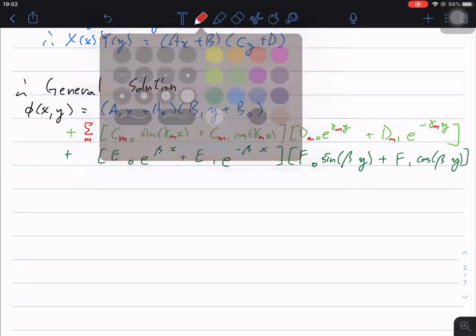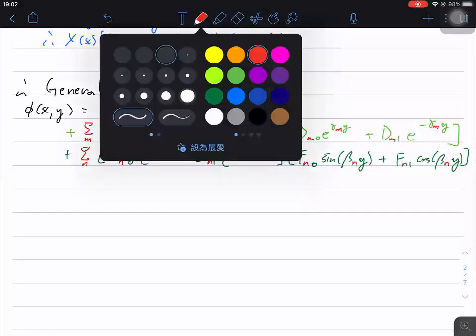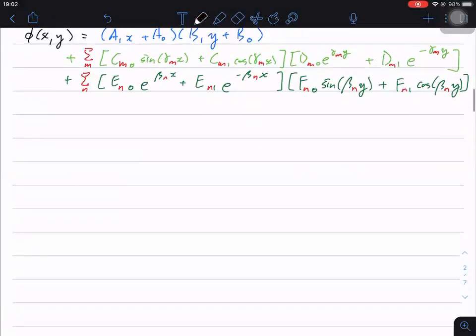And again, we're summing over all possible eigenvalues beta n. Okay, so that's the full form of the most general solution of the 2D Laplace equation. Okay, next question, 1C.